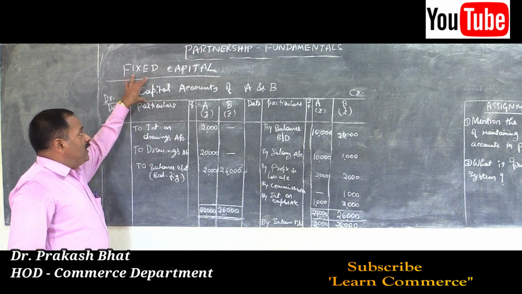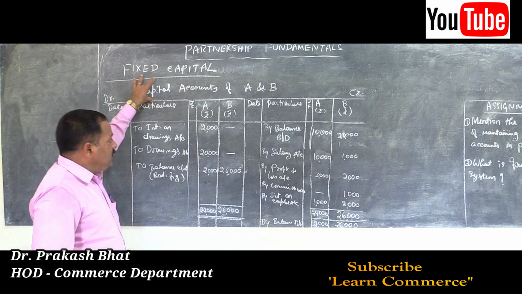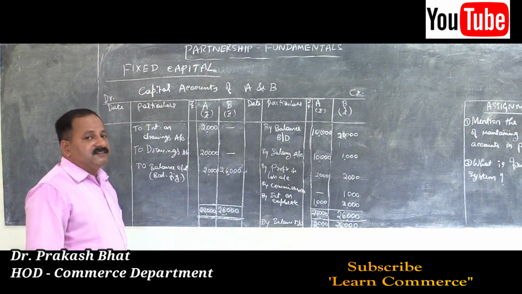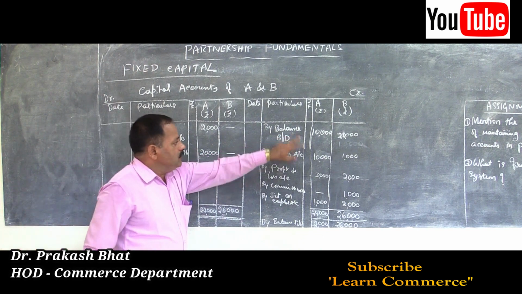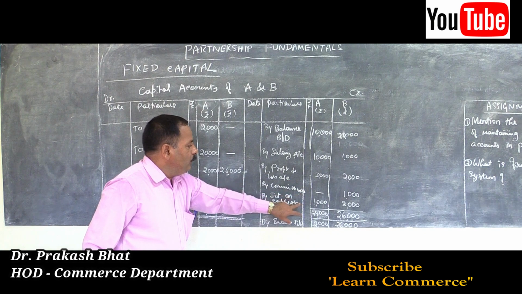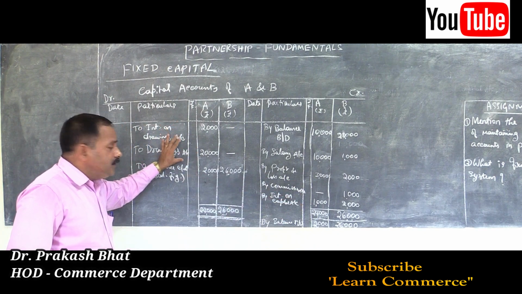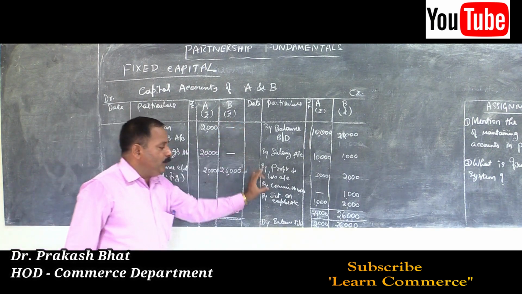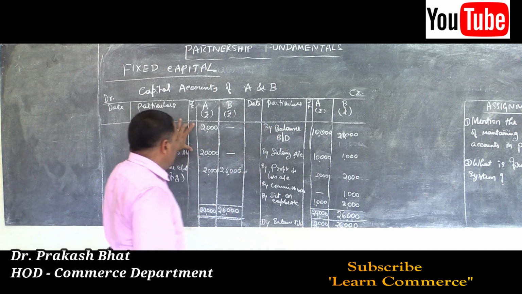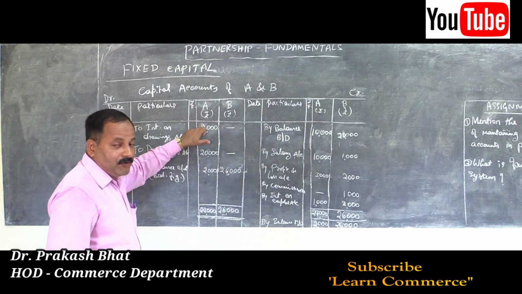So to prepare two partners' capital accounts under fluctuating capital system with imaginary figures, you should prepare like this. They will say 5 imaginary figures. So 1, 2, 3, 4, 5. Debit interest is not required. Even if these entries are not done, you will still get full marks. But make sure that you have 5 items. Here only 2 items will come: drawings and interest on drawings.